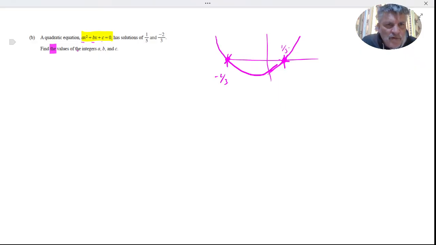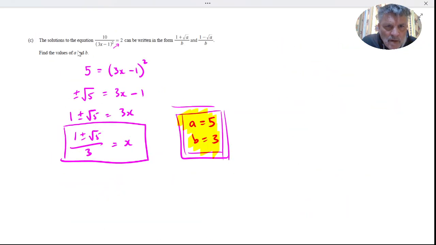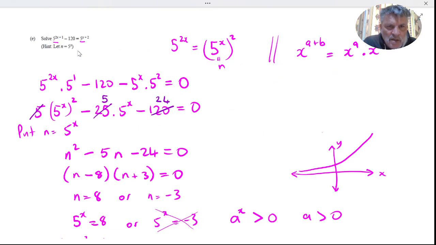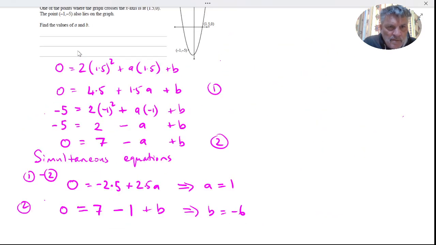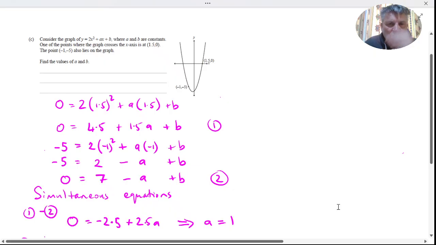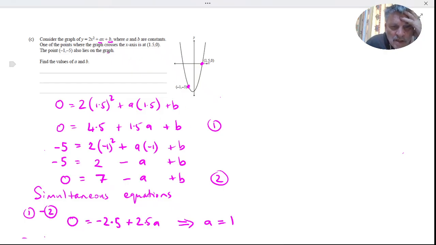But if we compare with a question that's already in this examination at an earlier stage, this question here, which is 1C, here they give us 2 points, but we only have to solve for A and B. We end up with 2 equations, 2 unknowns, and that's a doable problem.